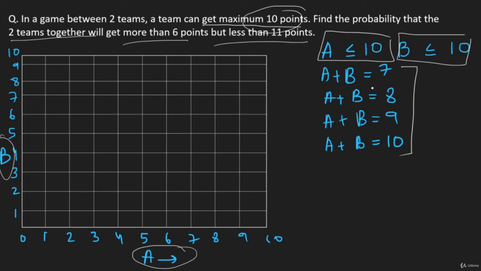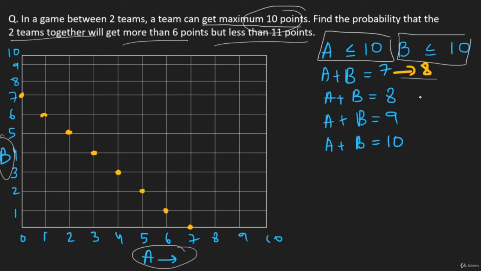Over here, if A plus B is equal to 7, you can see that there are 8 favorable points. 1, 2, 3, 4, 5, 6, 7 and 8, right? Over here A gets 7 and B gets 0 points, or over here A gets 3 and B gets 4 points. Similarly, in all of these cases, the total points obtained by the two teams is equal to 7, and we have seen there are 8 such points.